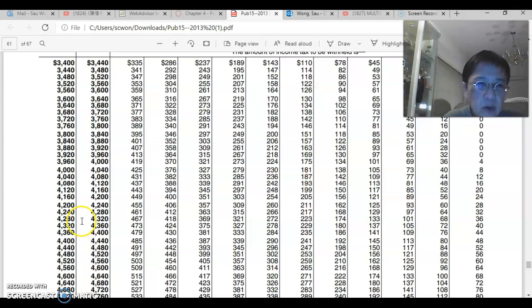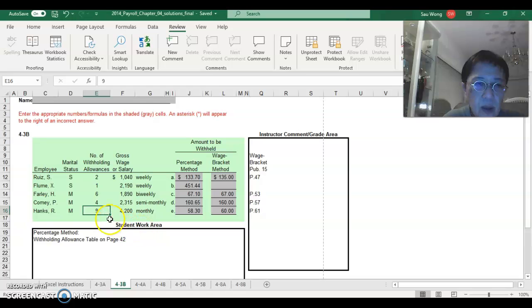So we have to look at this line, at least 4,200 but less than 4,240. If you look at the line above, it's incorrect because that is less than 4,200. So this is the line we should look at. And how many withholding allowances does he have? He has 9 withholding on monthly.